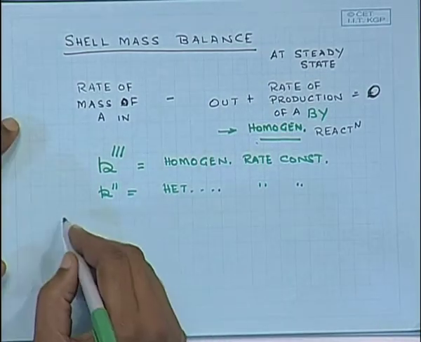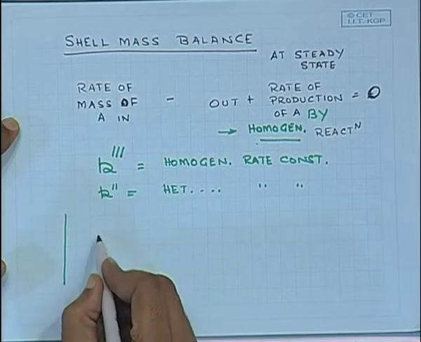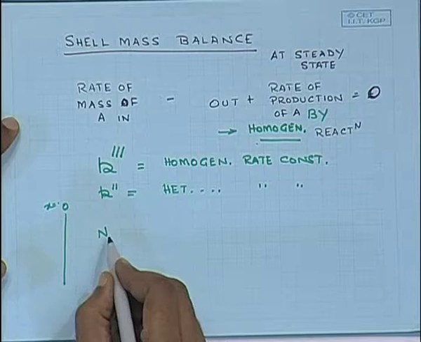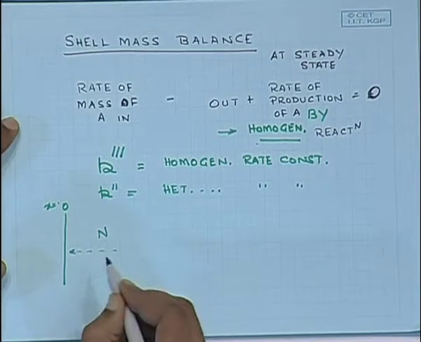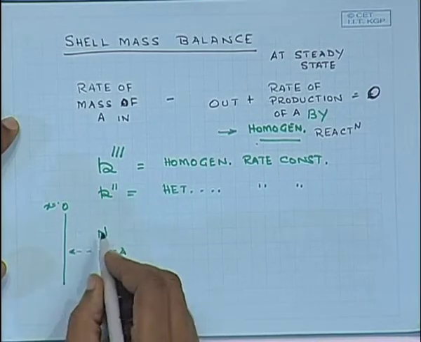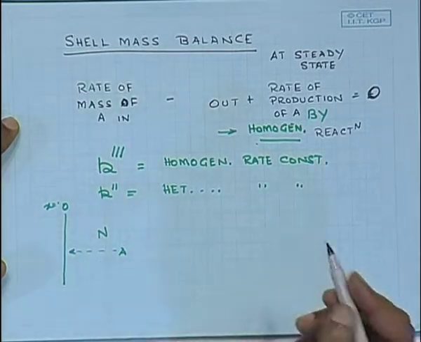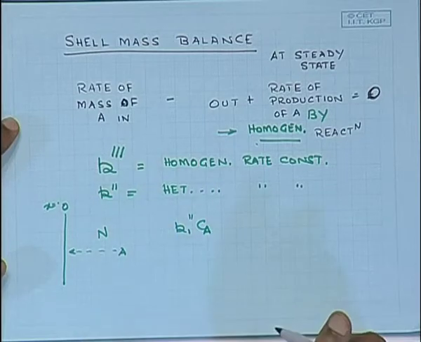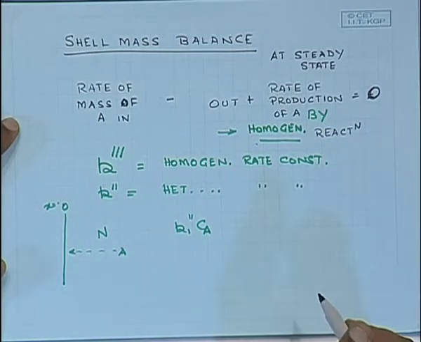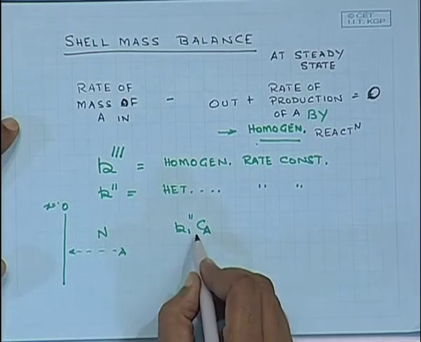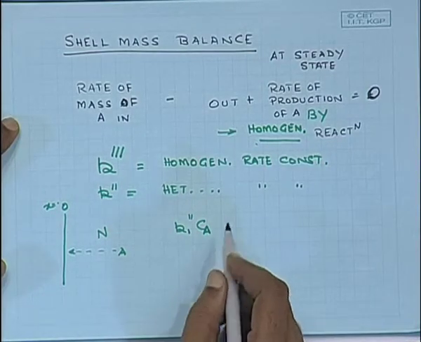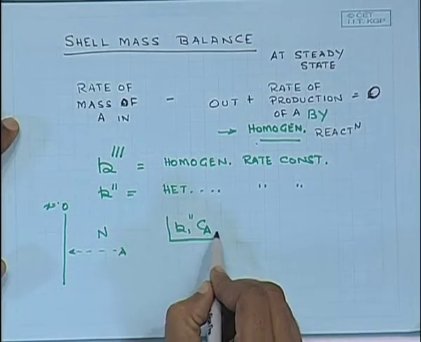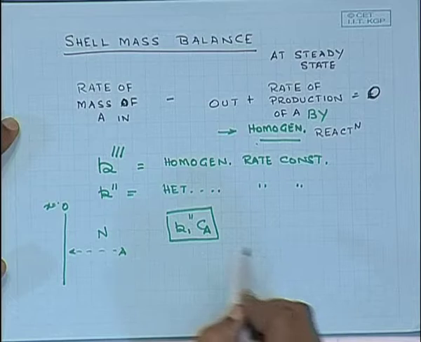So, if I think of a wall and this is wall situated at x equal to 0 and A molecules coming in and getting transformed into some other products, this is my reaction rate, moles of A getting transformed into products per unit area, per unit time, and suppose this can be expressed by a first order reaction like this.